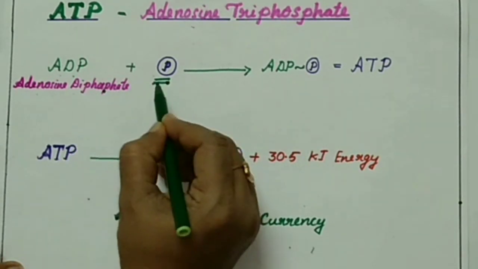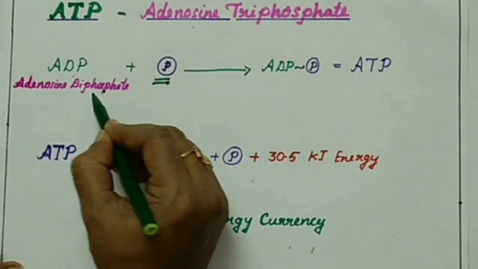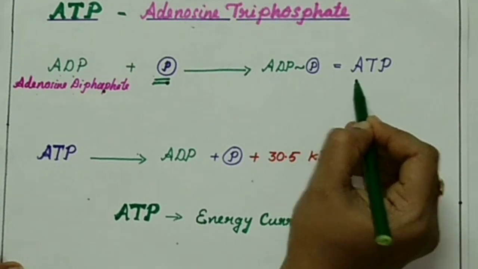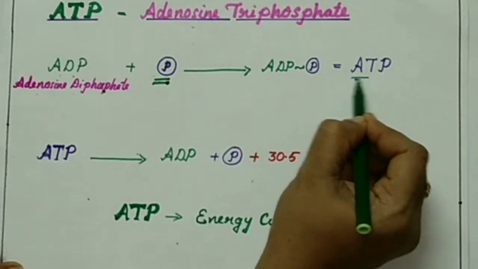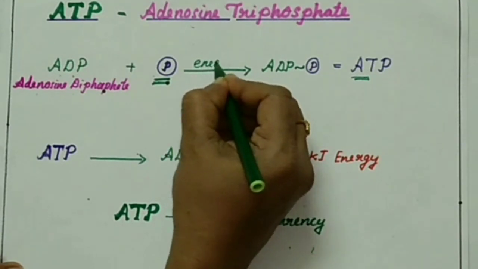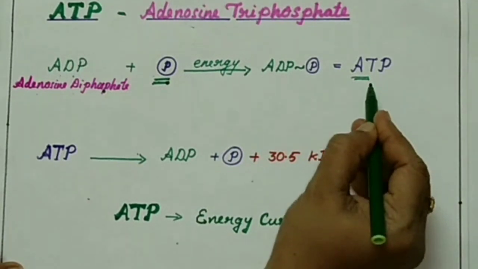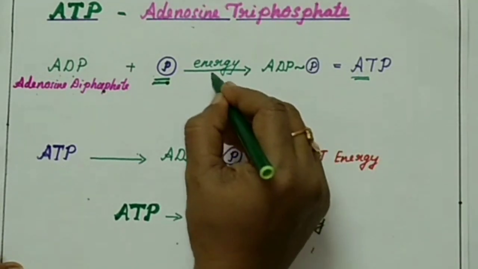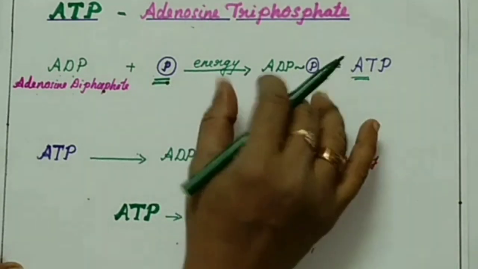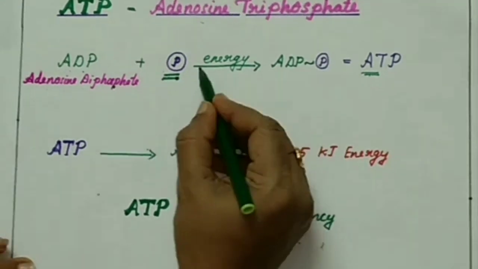So as a result of the addition of an inorganic phosphate to adenosine diphosphate, what is produced? ATP is produced. And for this production of ATP molecules, what is needed? Energy. Once these ATP molecules are produced, they are used for all the metabolic activities in the cells.